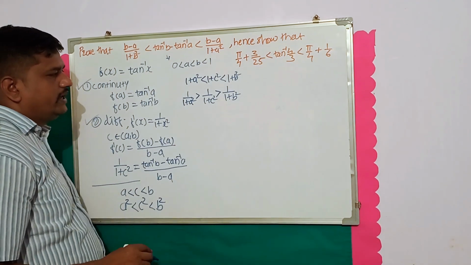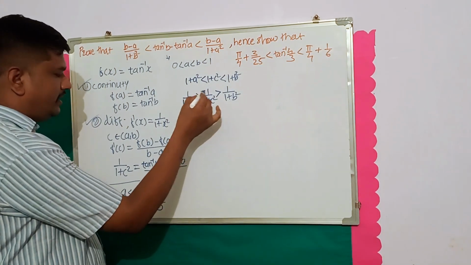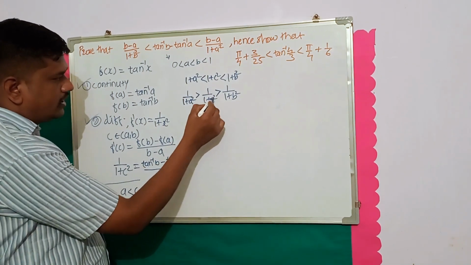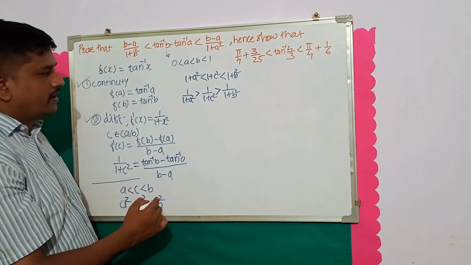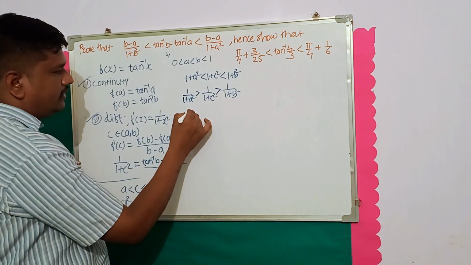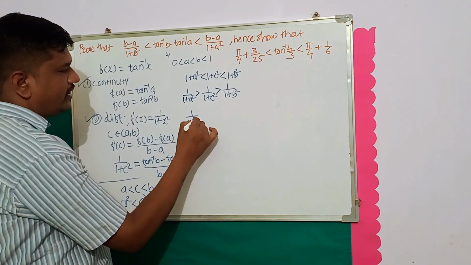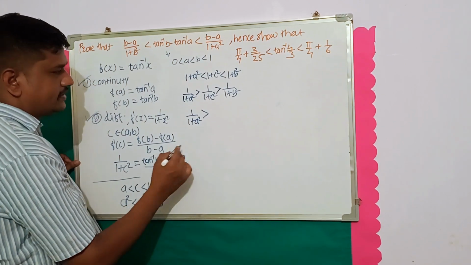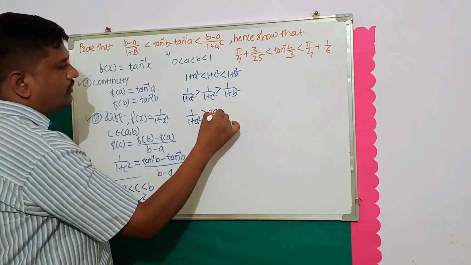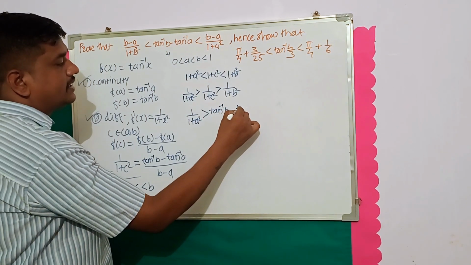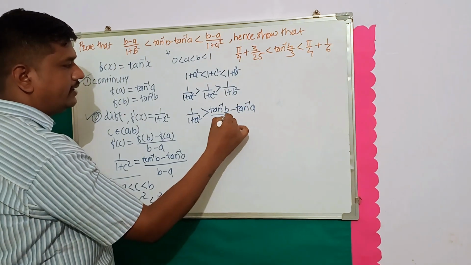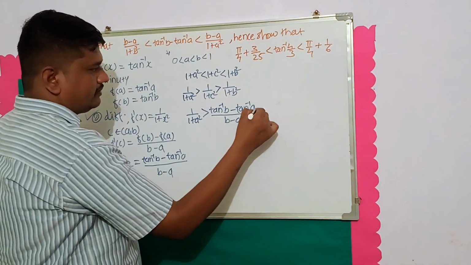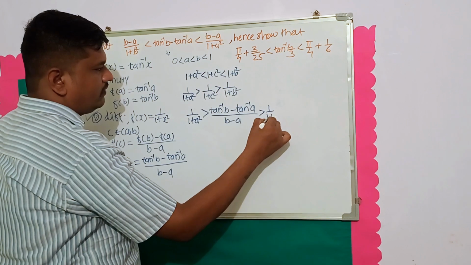So here what we are going to do, once we get f dash of C in the middle term, we are going to replace this whole term with this one. And if I do that, I will get 1 upon 1 plus A square greater than, for this 1 upon 1 plus C square, I am putting this term. That is what? Tan inverse of B minus tan inverse of A divided by B minus A, and the right hand term will remain as it is, that is 1 upon 1 plus B square.